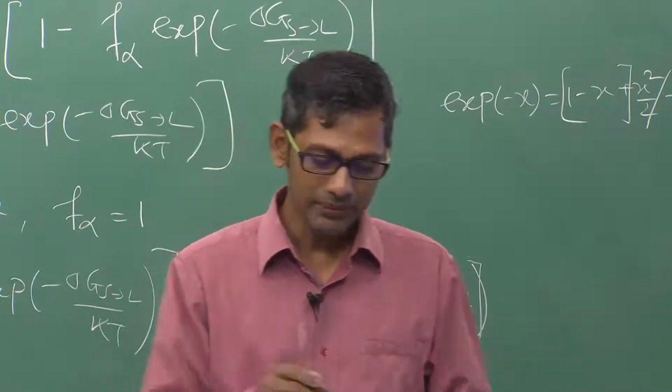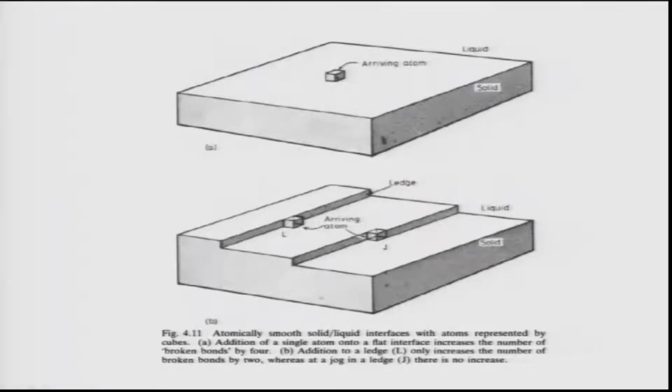So if I have a step created on the surface, which is shown as a ledge here, now consider the situation here and there. Here, if the atom sits, it can satisfy at least 2 bonds, if not more. But in the first situation, the atom can satisfy only 1 bond, because it is in touch with the bottom surface of the solid.